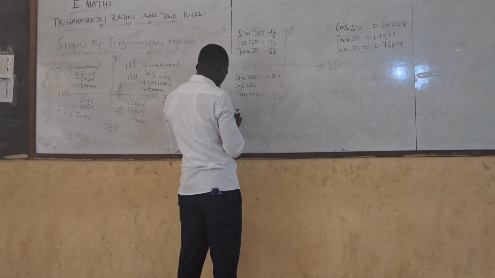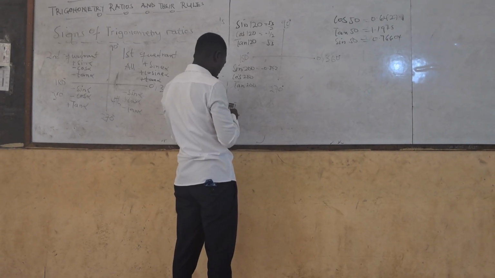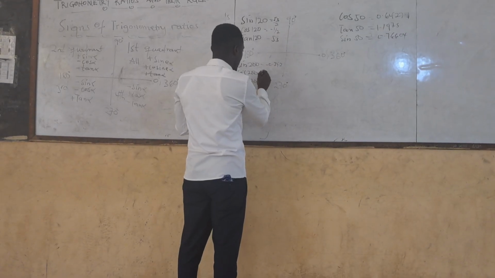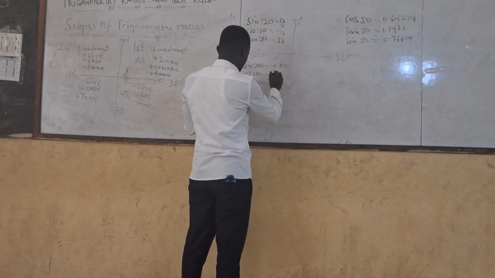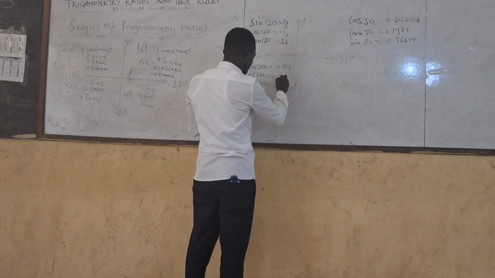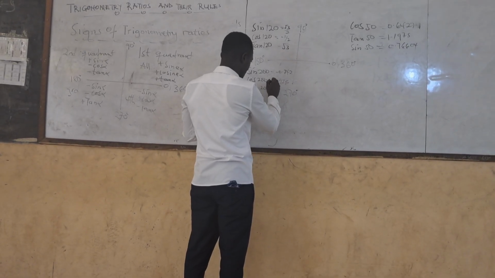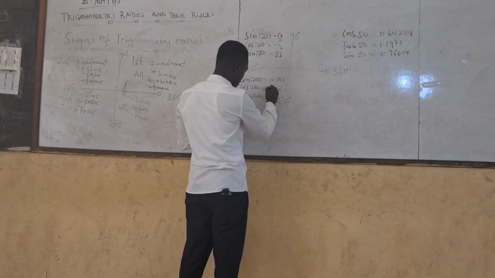When you have cos 200, we are having negative 0.9396. Negative. It's negative 0 point.